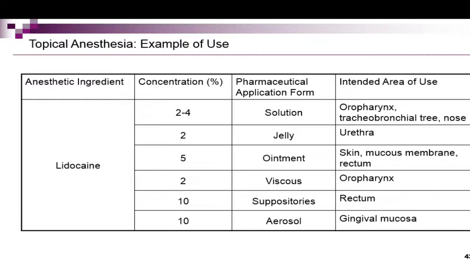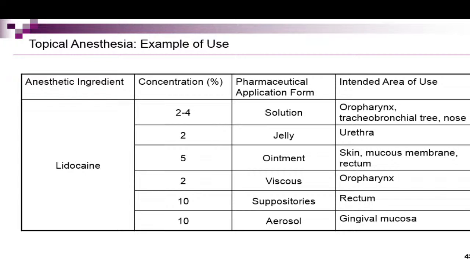As an example, we can discuss usage of xylocaine solution in various concentrations. Pharmaceutical application of xylocaine can be in the following forms. Solution we can use for anesthesia of pharynx or tracheobronchial tree or nose, for intubation, before examination in otorhinolaryngology or in dentistry.